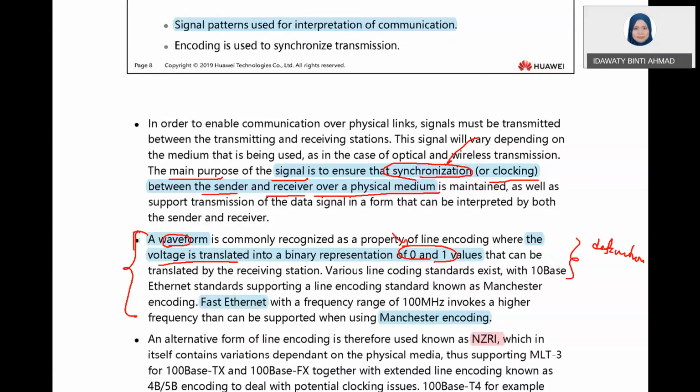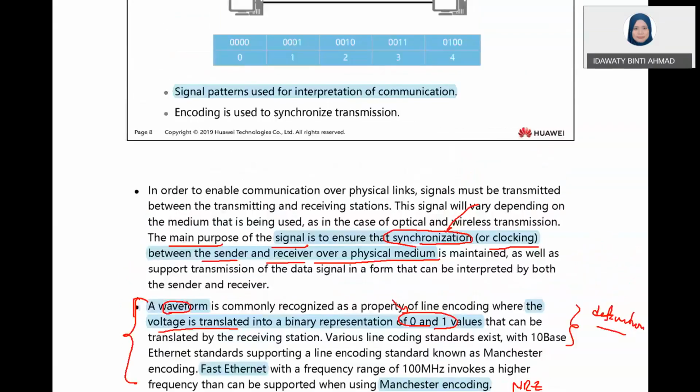One of the most important parts before I go there is NRZ, non-return to zero, and NRZI. Before I go there, it is mentioned here that encoding by definition is to translate from bits to signal. That is one part.